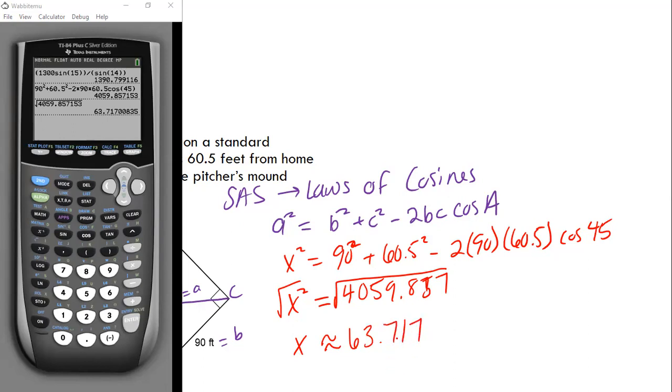Is that a 3 or a 5? It got a little funky. It's a 5. And that's the approximate value. So unless it tells you that something is a right triangle, do not assume and use other options.